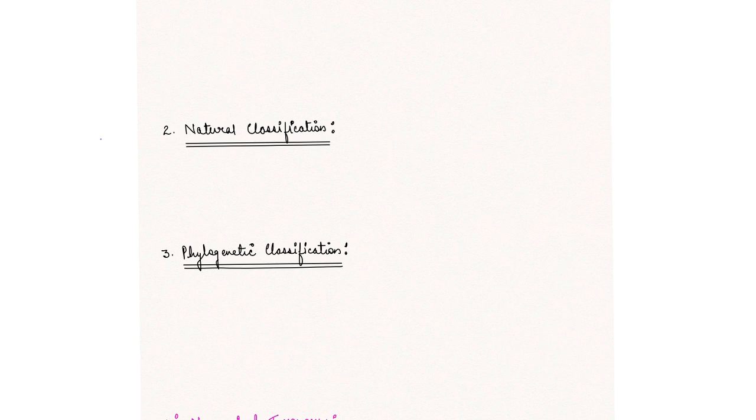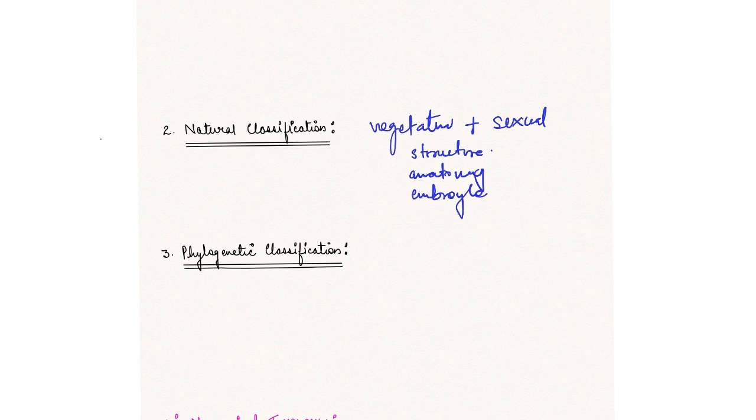So in natural classification, you not just take into consideration the vegetative characters, but you also take into consideration the sexual characteristics. Okay, so you classify organisms on the basis of structure, their anatomy, their embryology.